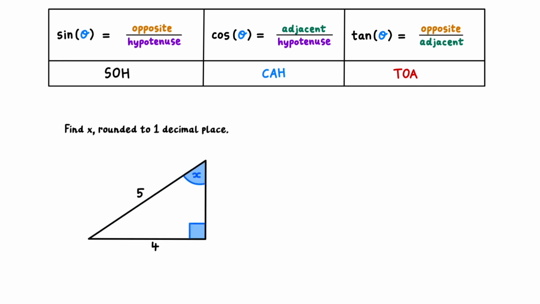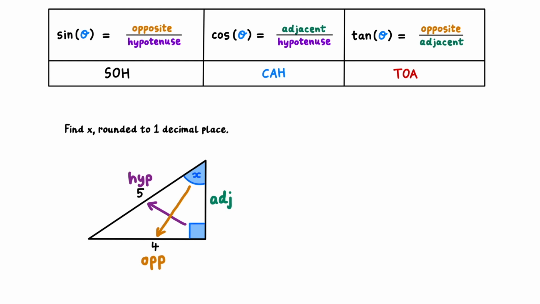In our final example, we have a right-angled triangle and one of the other angles is labelled as x. The hypotenuse is labelled as 5 and the side opposite x is labelled as 4. The adjacent does not have a label.